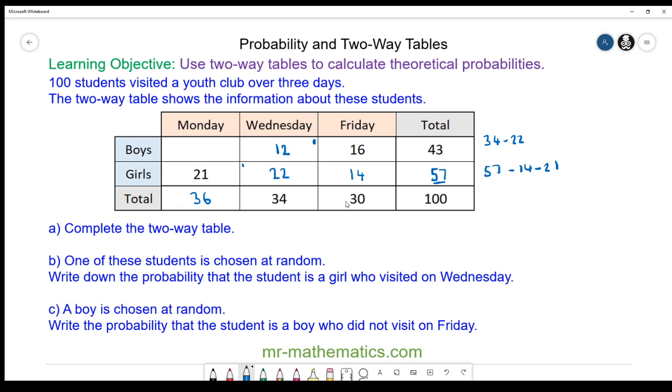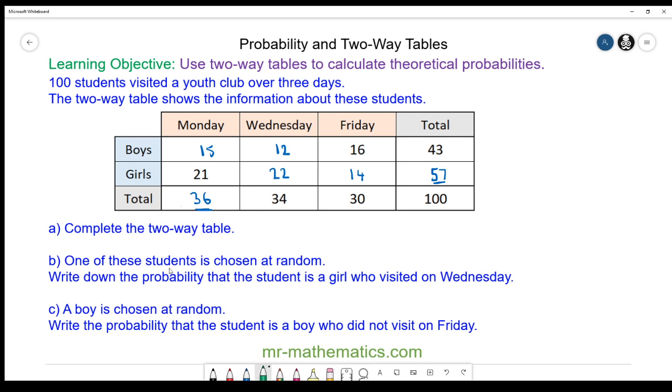And the boys on Monday, we can do using the total number on Monday, which is 36, take away the 21 girls, and that's going to be 15. Now, I just want to make sure I've calculated this correctly. So I'm going to do 15 add 12 add 16, and that should make 43, which it does. Brilliant.